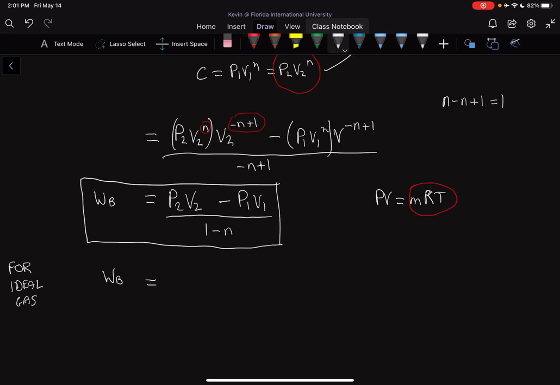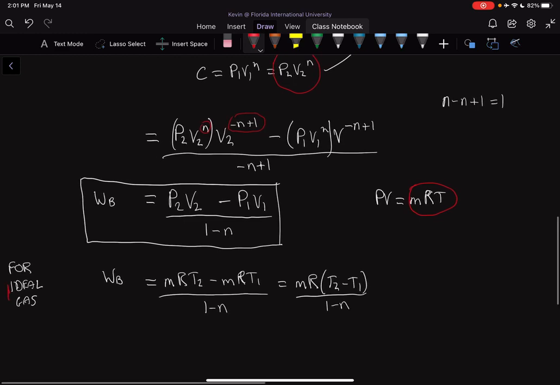So we would have mRT2 minus mRT1 over 1 minus n, which we can simplify to mR(T2 minus T1) over 1 minus n. Okay, so that's only for ideal gas. So this part is only for if you're told you have an ideal gas, or if you assume ideal gas, you would have this equation right here.